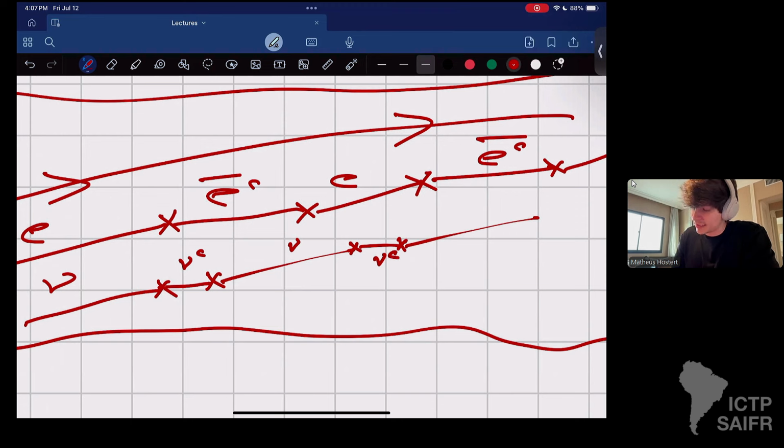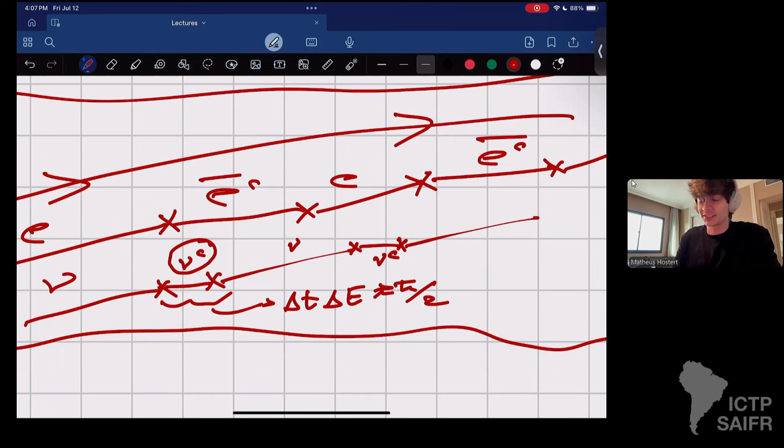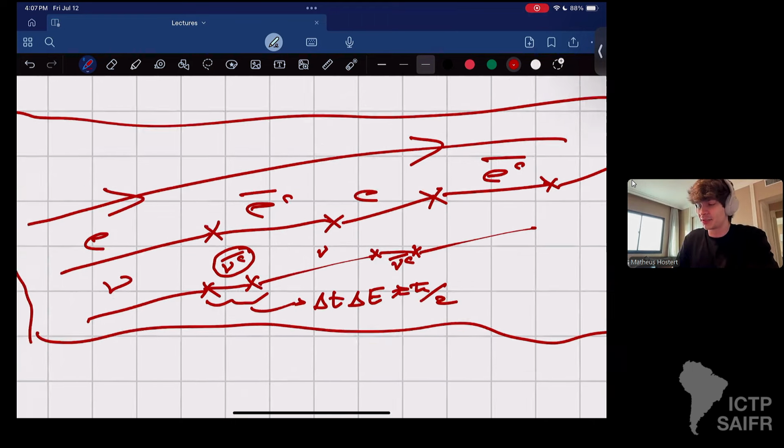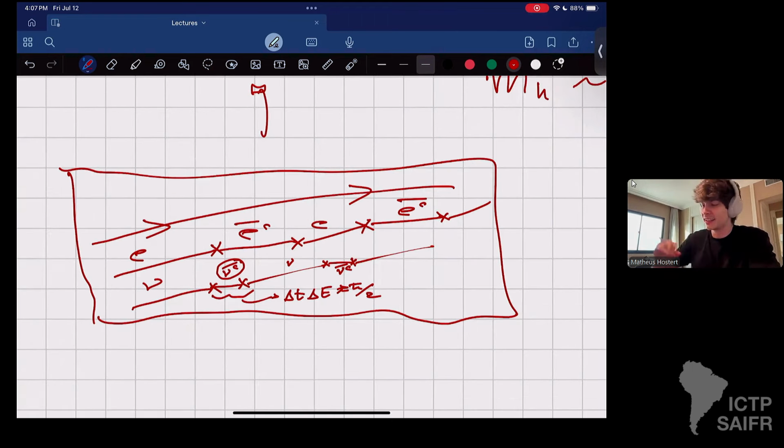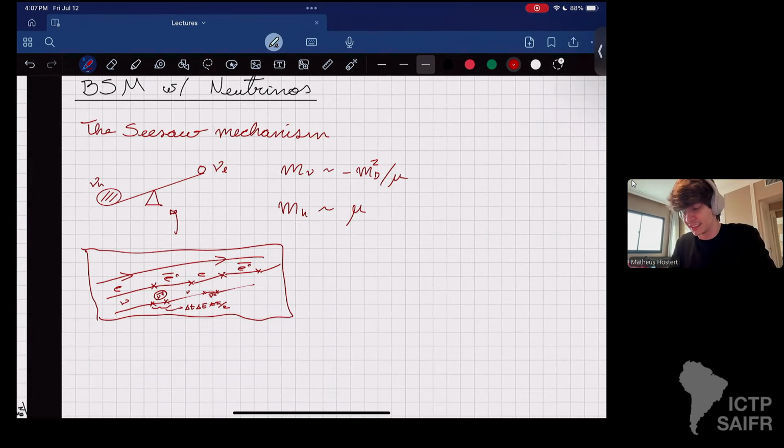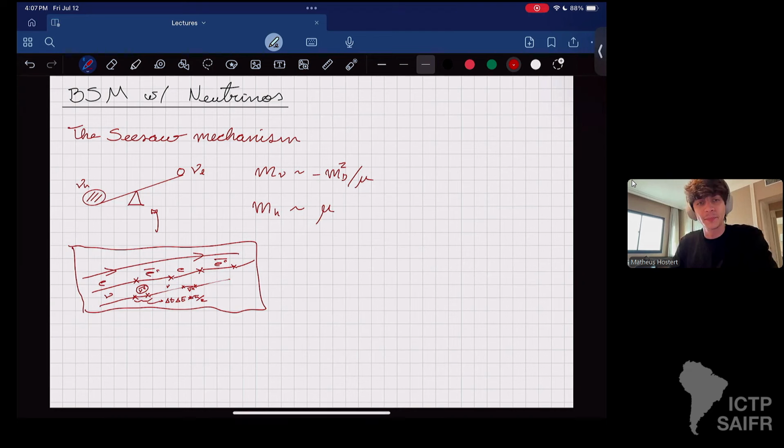What this means is that this period of time has to be small because, in a very rough picture, the uncertainty principle tells you that if the mass associated with this right-handed neutrino is very large, the time you have available to fluctuate into the state is very small. So the deviation from the picture where you are a massless particle propagating is basically very small. So that's one way to think about the seesaw mechanism in a pictorial way.